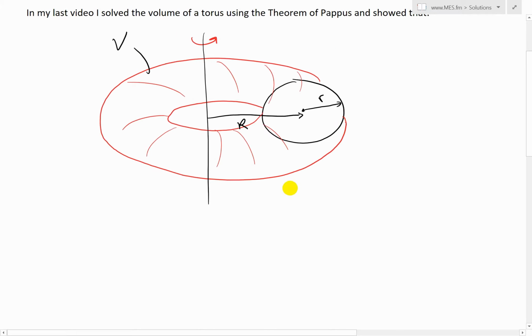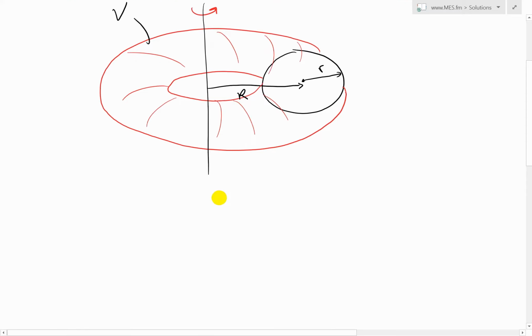Using the theorem of Pappus, the volume is quite simply the area of this region, the circle you're rotating, times d, the distance that the centroid of this region travels. The centroid of this region is just the center, like I showed in the last video, so watch that for a more in-depth proof of this theorem.